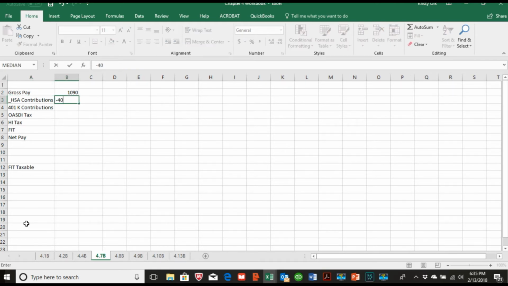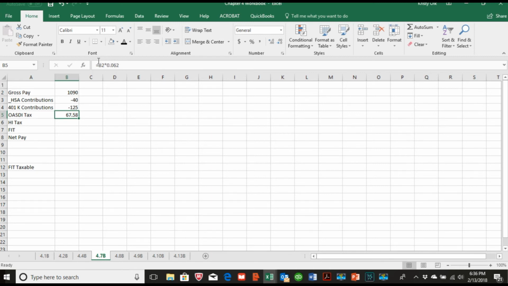So she's having $40 taken out for HSA, but that's going to be taxable. She's having $125 taken out for 401k. That's going to be taxable at the FUTA level, but not at the FIT level. So because the full $1,090 is fully taxable for OASDI, we're going to have $67.58 removed from her check.